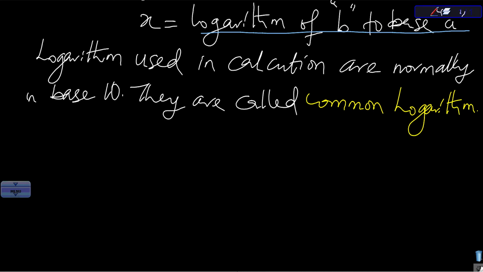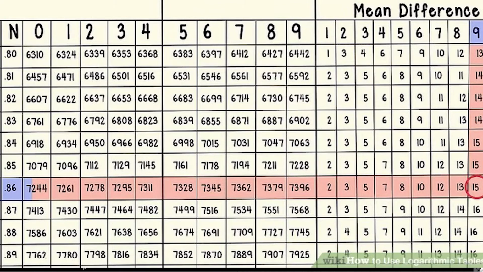The logarithms used in calculation are normally in base 10, and the name we call that logarithm to base 10 is the common logarithm. On many occasions, you have your four-figure table, which is the logarithm table.